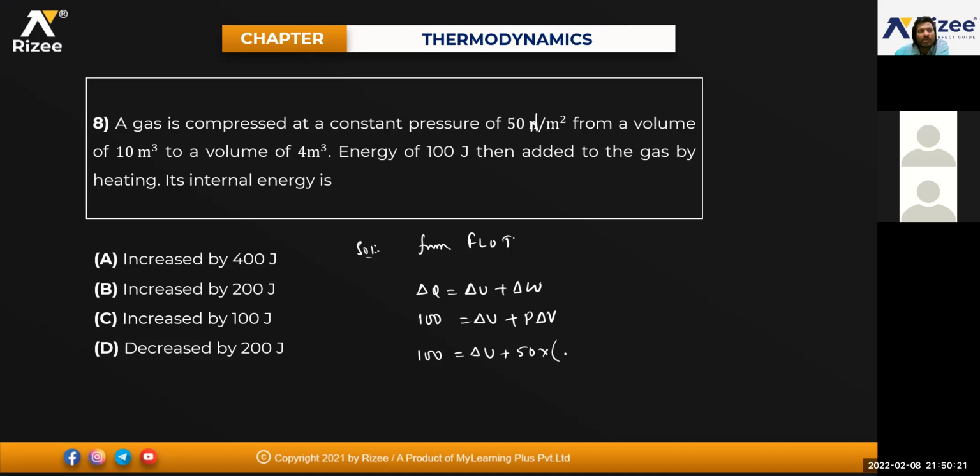Change in volume is from 10 to 4, so that is 4 minus 10. Delta U will be 400 joules, because the negative and negative will get cancelled.